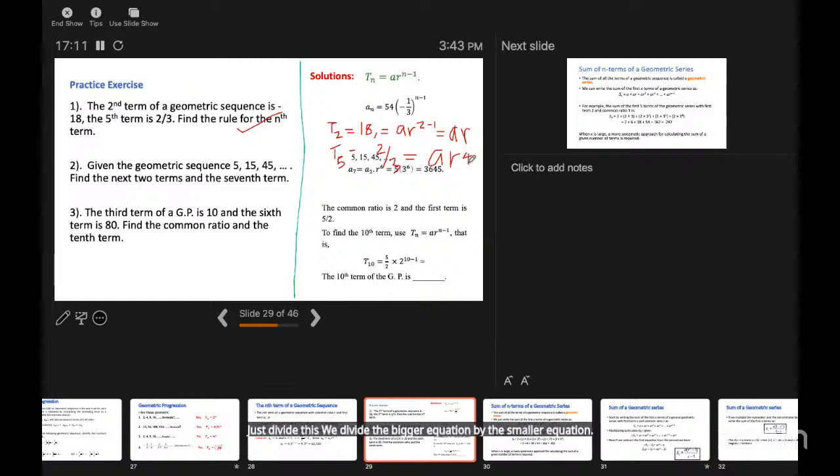If we divide, we cancel A. So you now have r to the power 4 over r, which is r cubed. So r is 1/3.